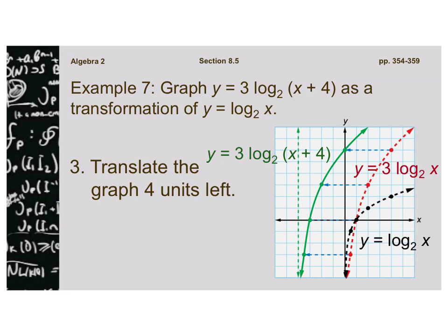All right, now graph y equals 3 log base 2 of x plus 4. Well, this is how they do it, but I find that to be a little confusing. It's fine if I don't have an a, but if you throw in an a, it's not as easy. So what I prefer to do is draw myself a points table, an x, y table.